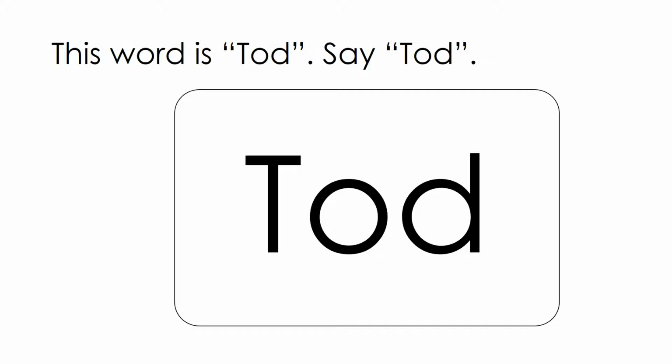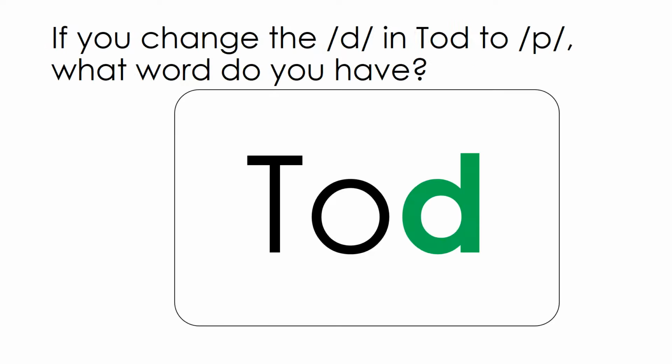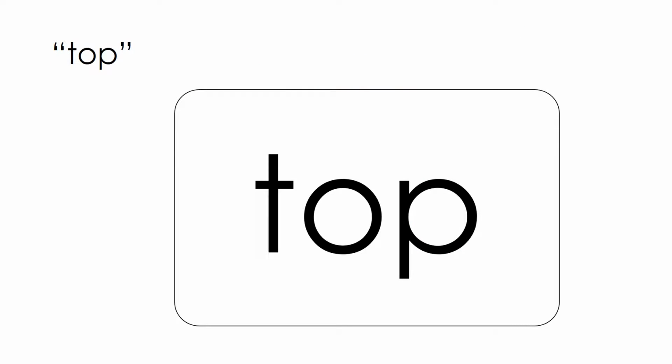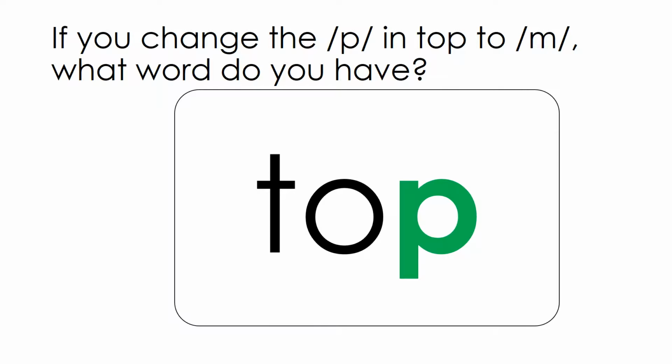This word is Todd. Say Todd. If you change the D in Todd to P, what word do you have? Top. If you change the P in top to M, what word do you have?